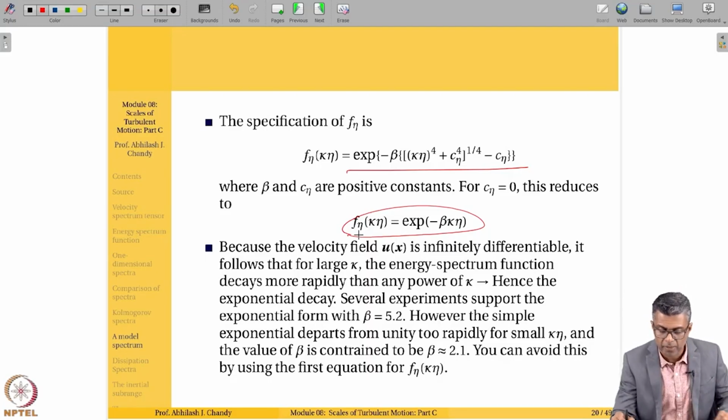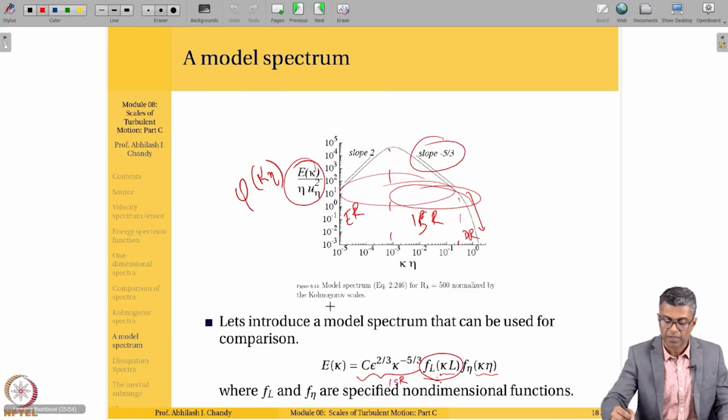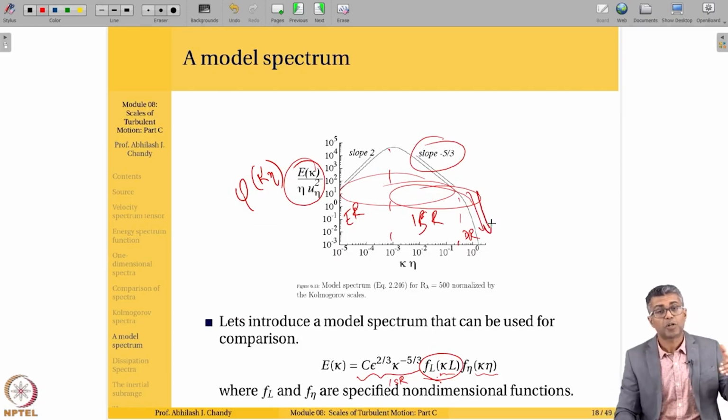This means that for large kappa, the energy spectrum function decays more rapidly than any other power of kappa because of the exponential function, and hence the exponential decay. You can see from the model spectra that this is quite steep. That is because it decays with kappa much more rapidly than the other two ranges.